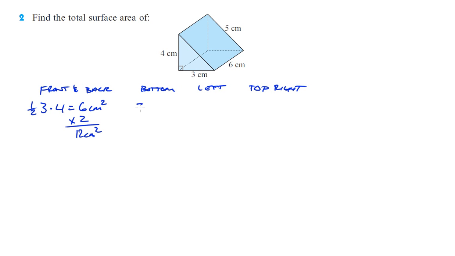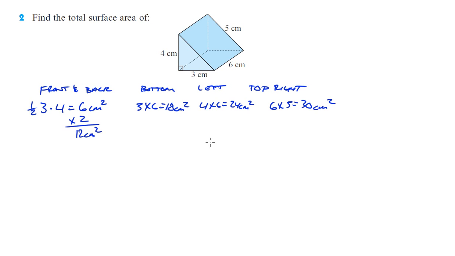The bottom is 3 by 6, which is 18 square centimeters. The left side is 4 by 6, which is 24 square centimeters. And then this top right piece, this big piece here, is 6 by 5, which is 30 centimeters squared.